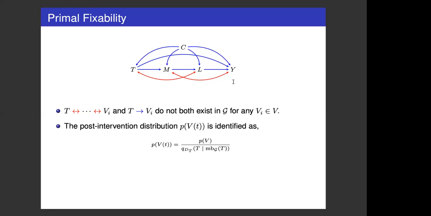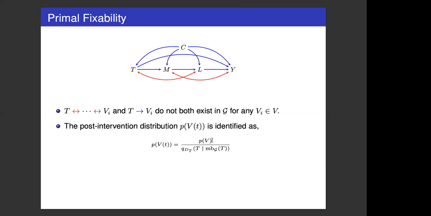And what Jin Tian and Judea Pearl showed in 2002 was that this criterion actually coincides with a situation where the post-intervention distribution P_V(T), so that's the counterfactual distribution where you've intervened on T and you're interested in the effect of T on every other variable in the graph, is always identified. And in particular, it's identified like so.